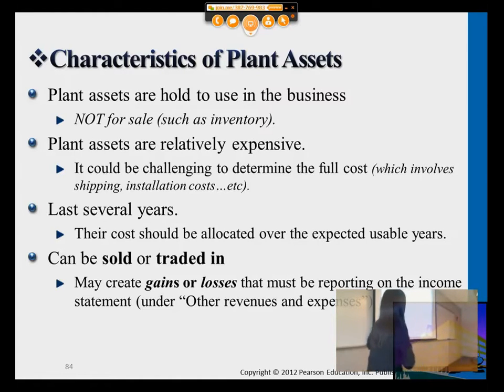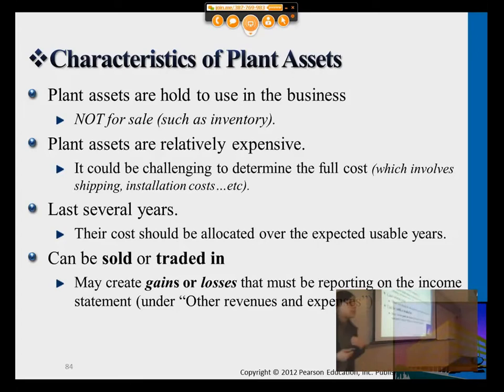A key point in the first bullet is that we're not purchasing plant assets for the purpose of reselling to customers. It's not like inventory, where you purchase it, mark up a price, and resell to customers to gain gross profit.